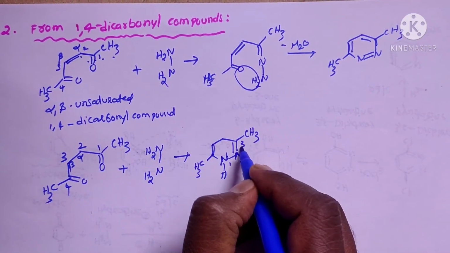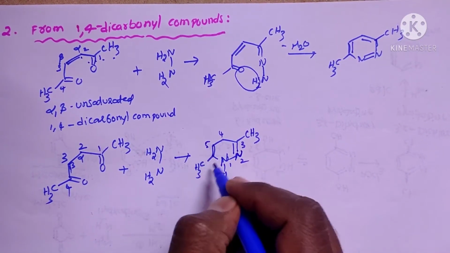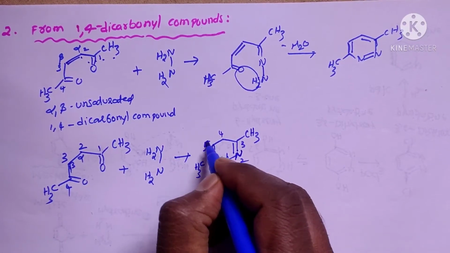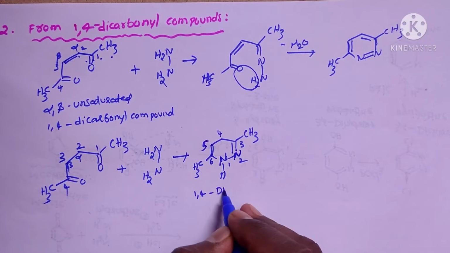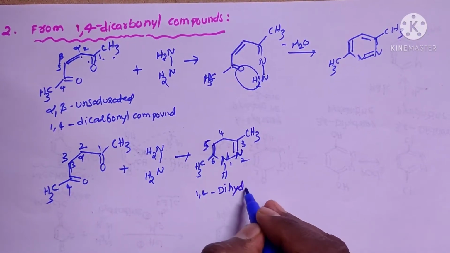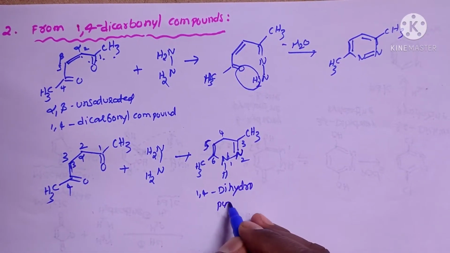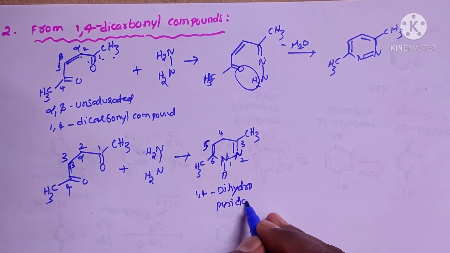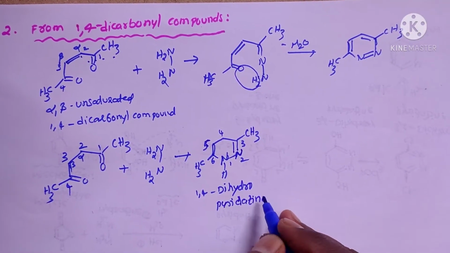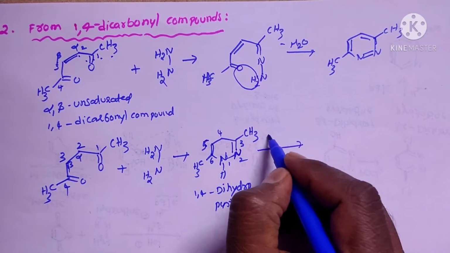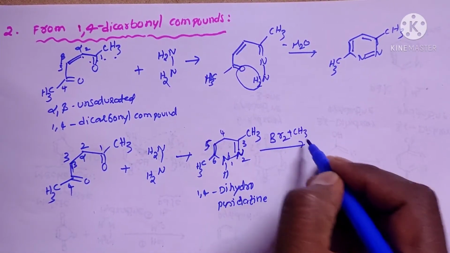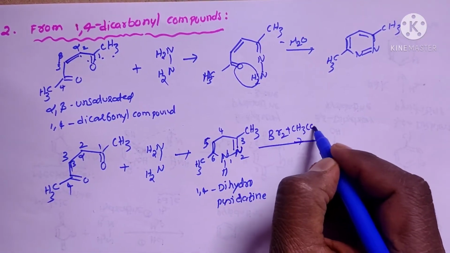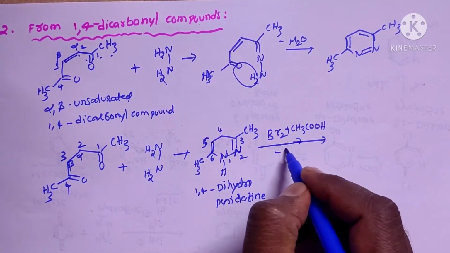One, two, three, four, five, and six. So this is known as the 1,4-dihydropyridazine. When it is treated with bromine in the presence of acetic acid, we know very well that halogens are good oxidizing agents, no?